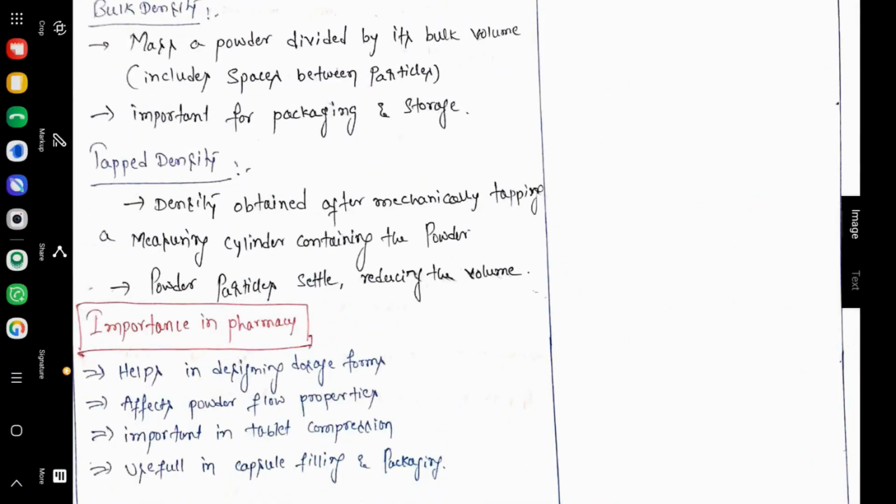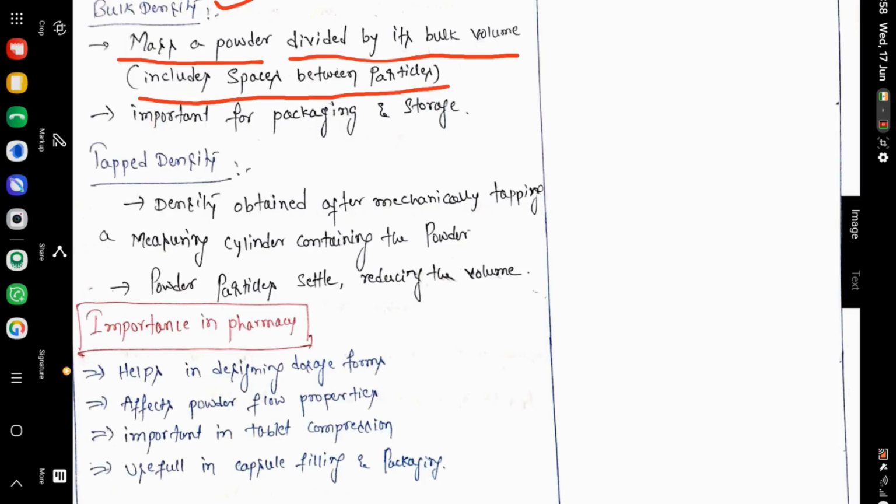Now, what does bulk density mean? Bulk density is the mass of a powder divided by its bulk volume, which includes spaces between the particles also. As we discussed in the earlier slide, for true density we leave the space between the powder particles and the pores on the surface of the powder particles.